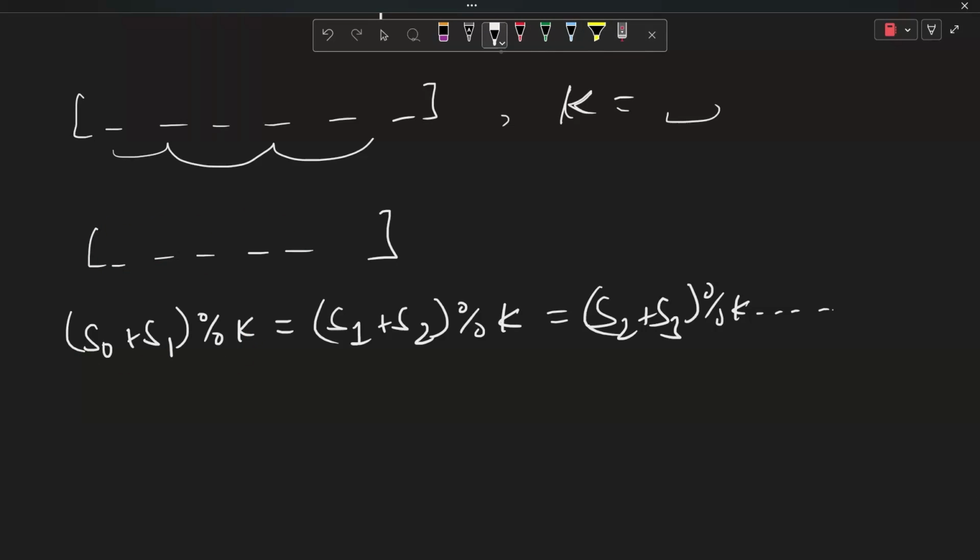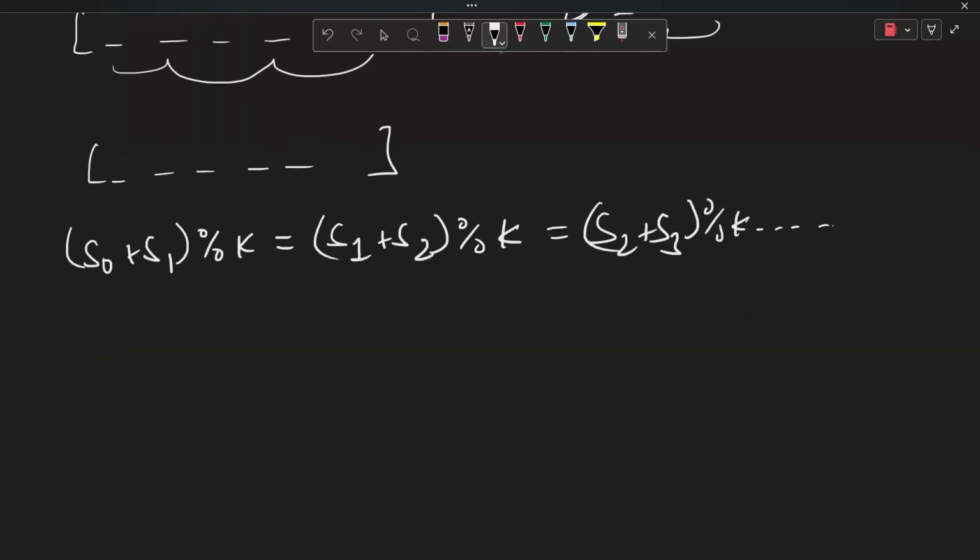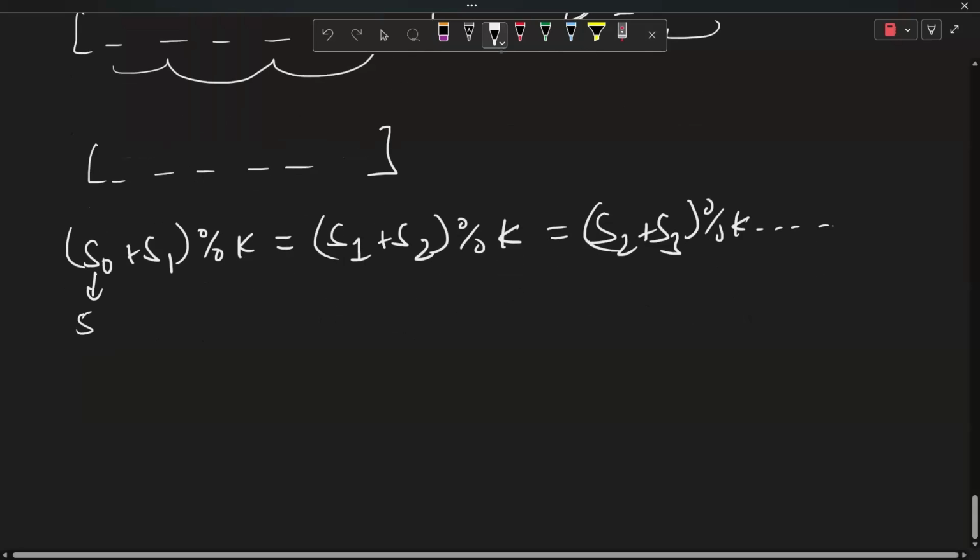So let's say S0 is 5, S1 is 7, and K is 4. So you would have 5 plus 7 modulo 4. It would mean 5 plus 7, 12 modulo 4 would give you 0. Now, if you had an 8 here, you would get 5 plus 8, 13 modulo 4, it would give you 1.